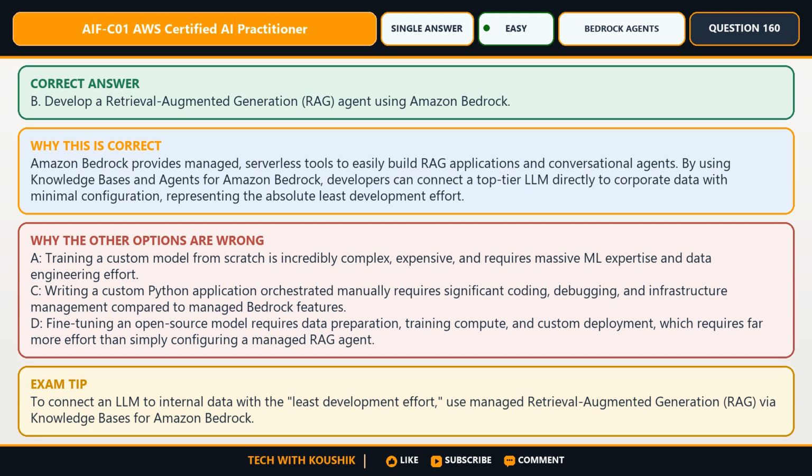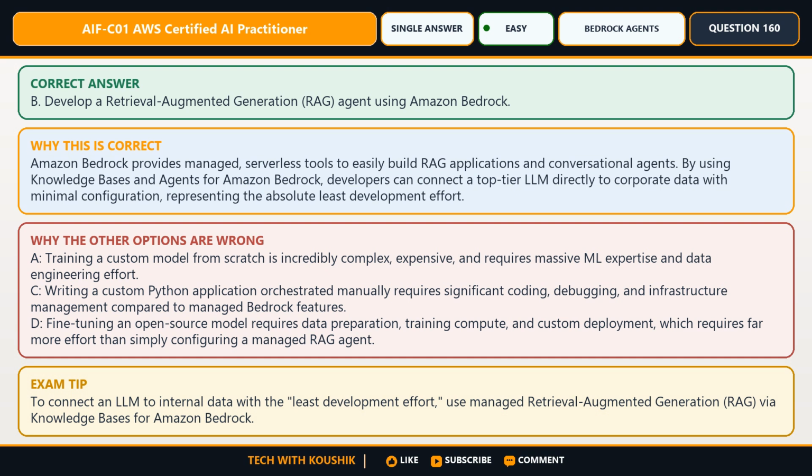Here is how to rule out the alternatives. A. Training a custom model from scratch is incredibly complex, expensive, and requires massive ML expertise and data engineering effort. C. Writing a custom Python application orchestrated manually requires significant coding, debugging, and infrastructure management compared to managed Bedrock features.